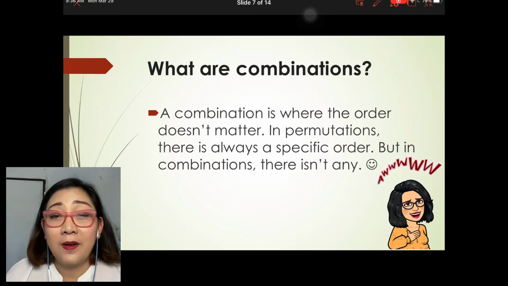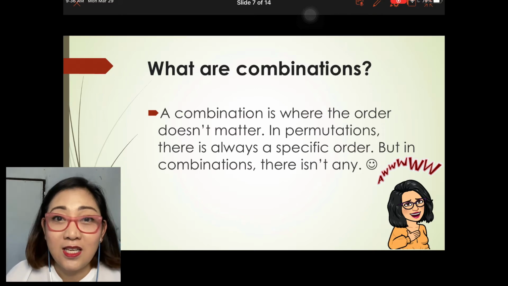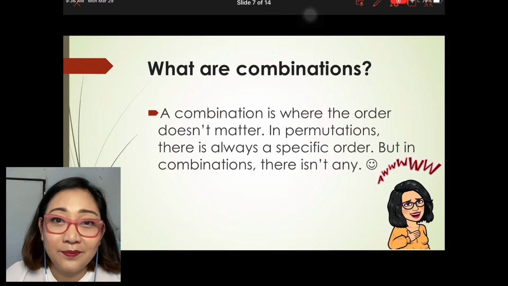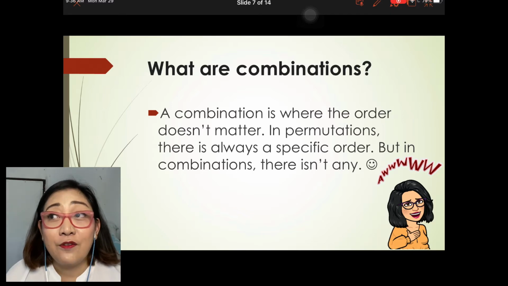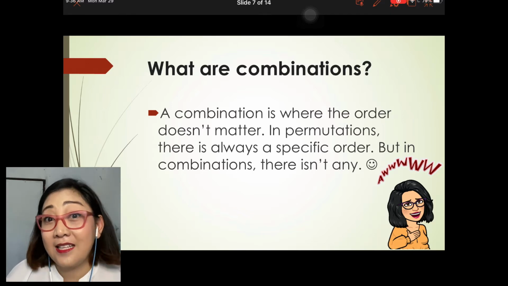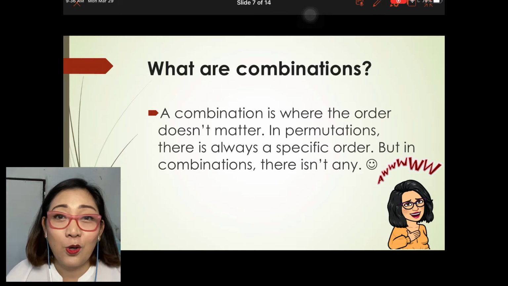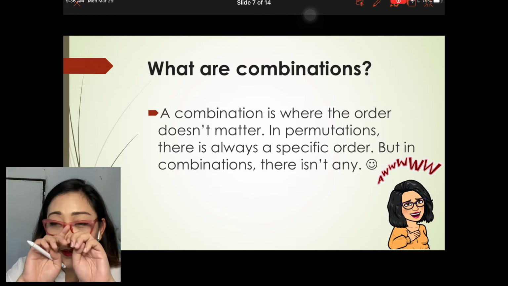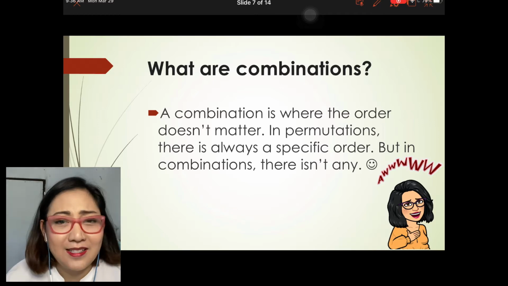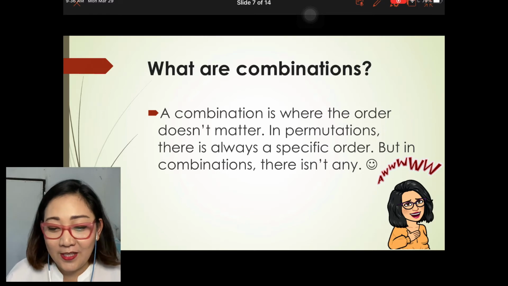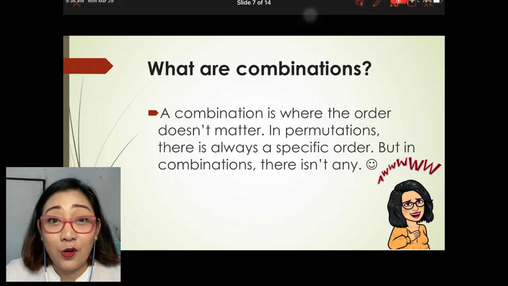So, yun ang isa pang pagkakaiba ng permutations and combinations. So, permutation, you have distinct items kahit magkakaiba yung order nila. Okay? Now, for the combination, there's no such thing. ML is the same as LM. Okay? So, that means, for combinations, you have significantly less items than in permutations. Okay? Or less choices, I guess.